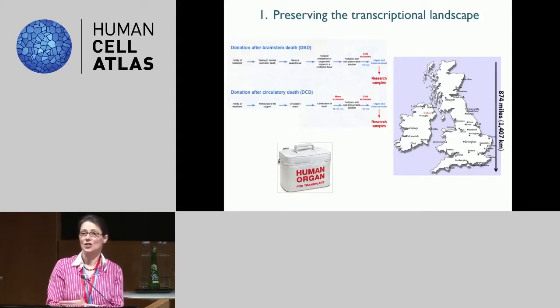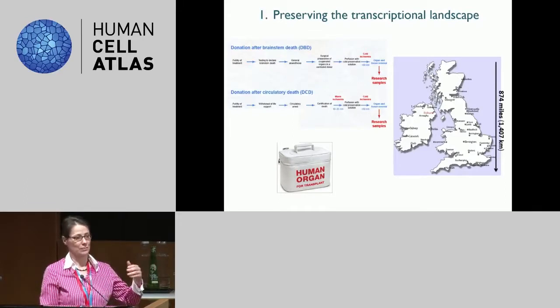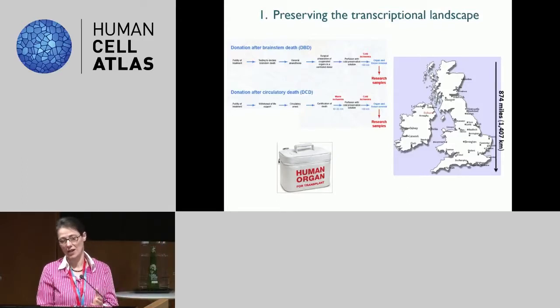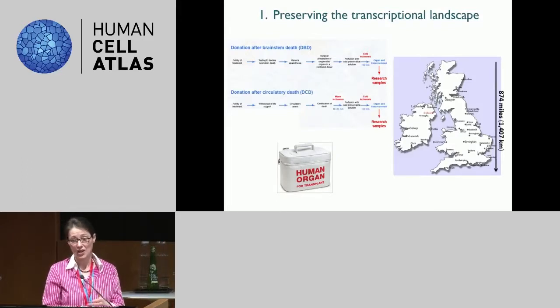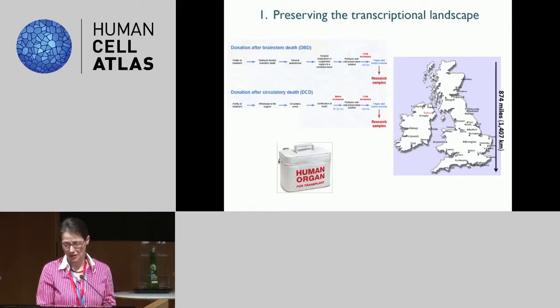As well as that, in the UK, and this can also be applied elsewhere, our organ donor network is national. So potentially there may be an organ that becomes available, for example, in Glasgow, Scotland, that we would want to analyse here in Cambridge. Therefore, there's the time taken for getting organs from one end of the country to the other.